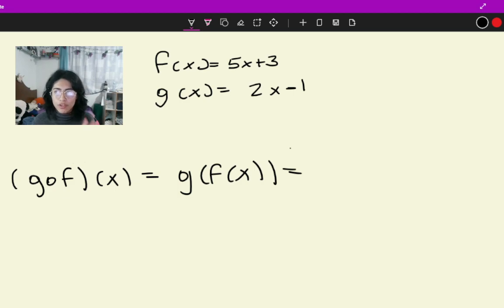So g of f of x equals 2 times the parentheses 5x plus 3, close parentheses, minus 1.